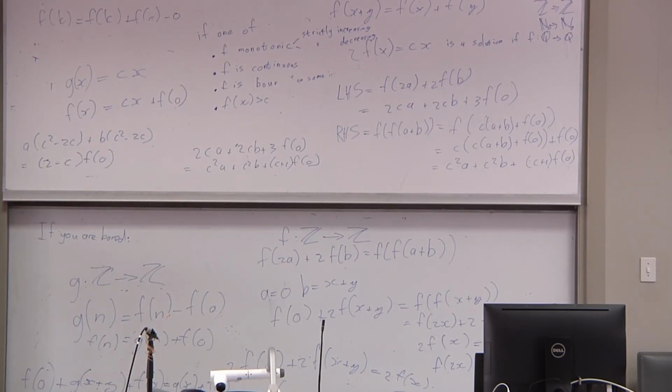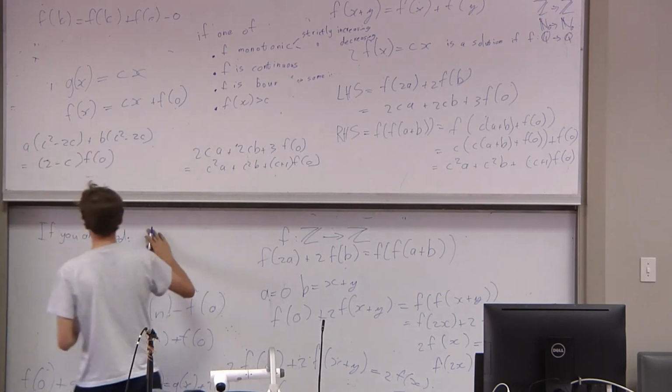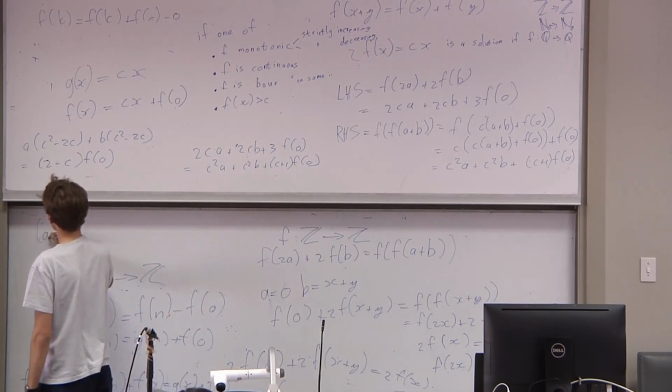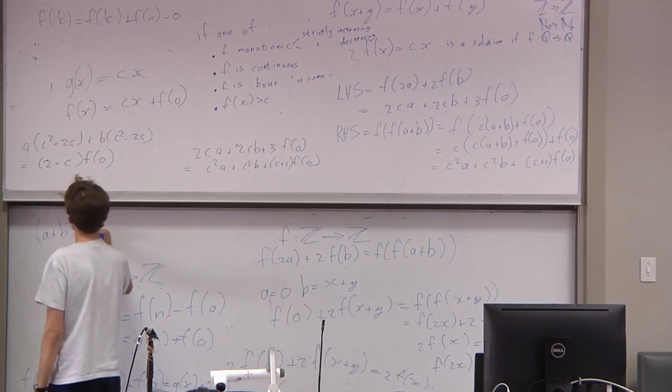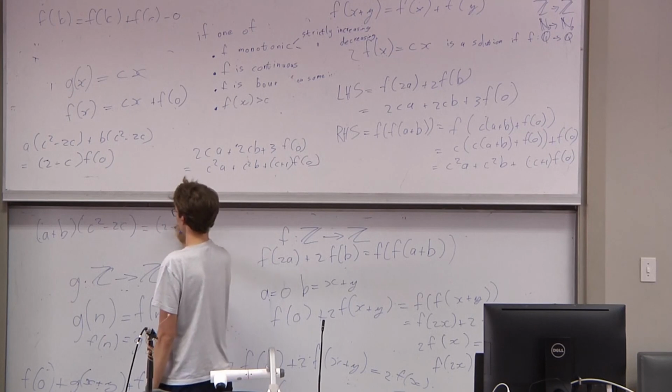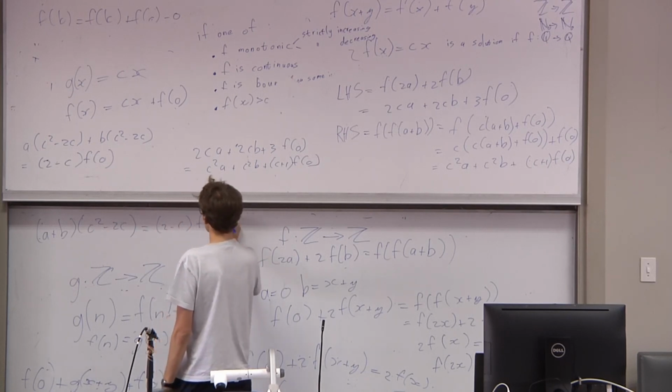So you can factorize that top part to get that a plus b times c squared minus 2c must be equal to 2 minus c times f of 0.